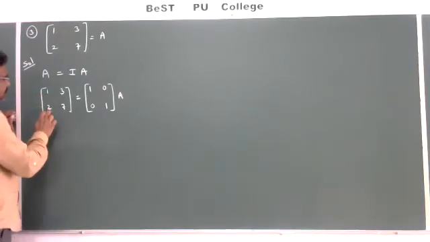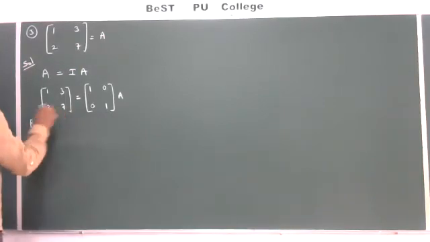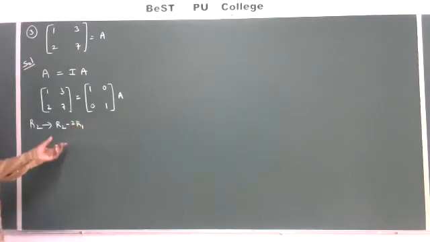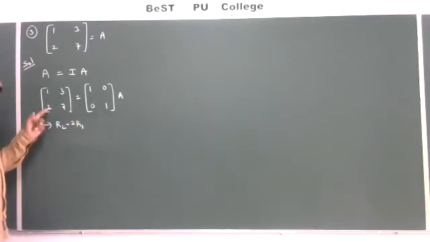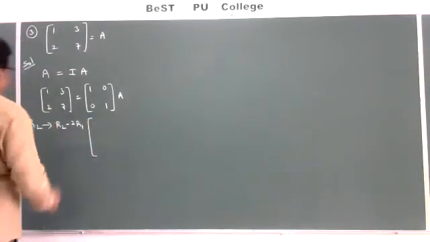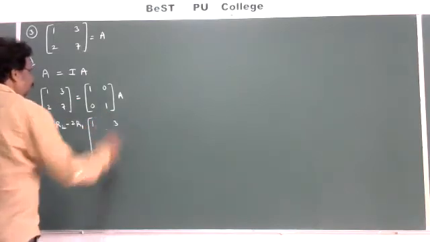You make this element 0. So R2 goes to R2 minus 2R1. R2 is 2, minus 2 into 1, 2, 2 minus 2 you get 0. That is the first operation. First row 1, 3, no change.